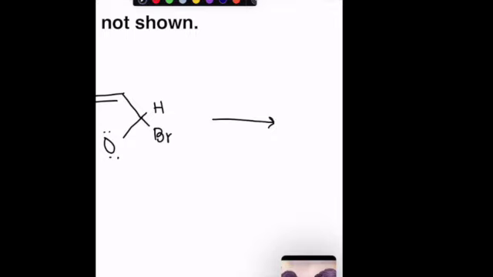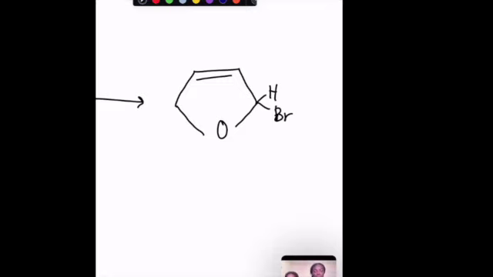So we have one more resonance structure, and it is also going to look like so. We have that bond up there, our bromine right there, our H right here. And what do we see with that oxygen? Well, it has two lone pairs.